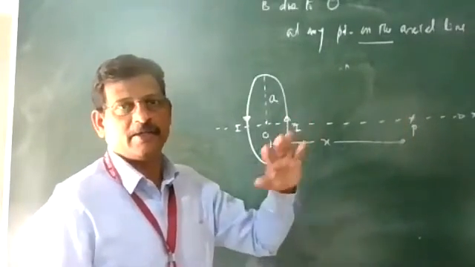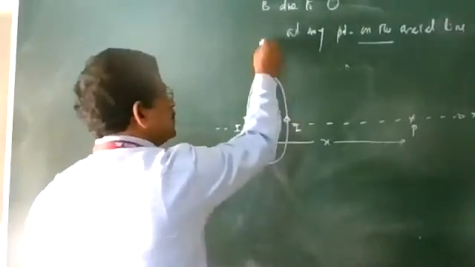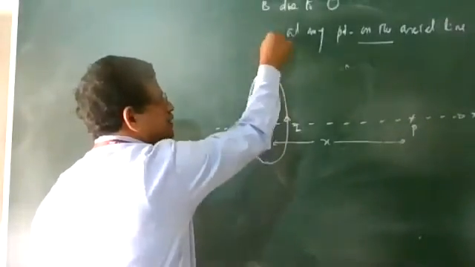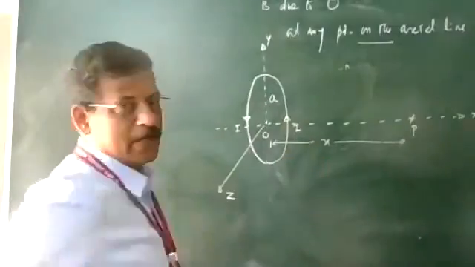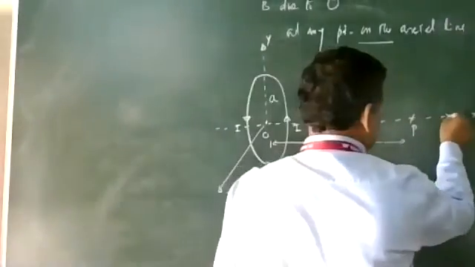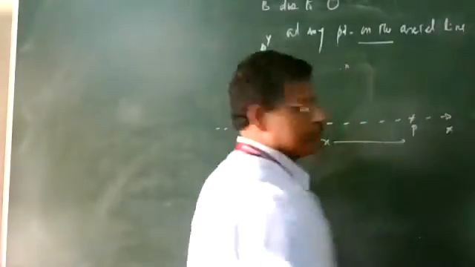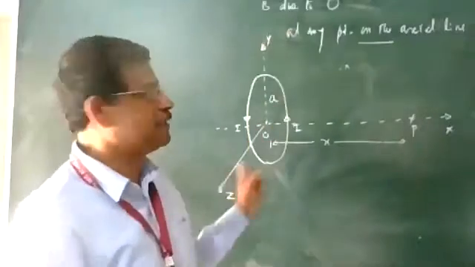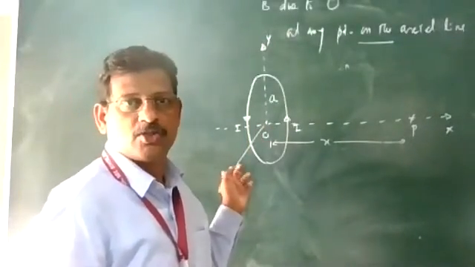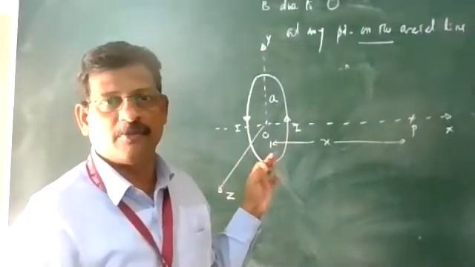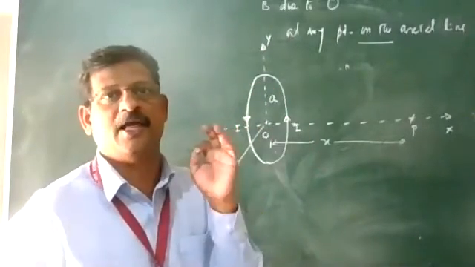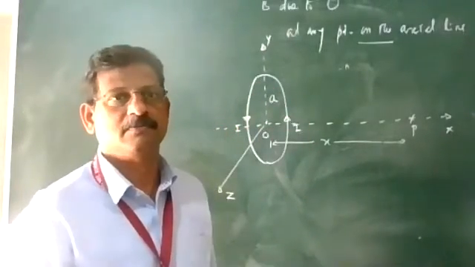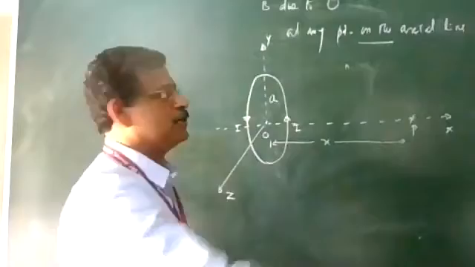Now I'm making the axes. This is the x-axis, this is the y-axis, and this will be the z-axis. So to find out magnetic field at the point P, the circular coil you have to divide into small current elements.